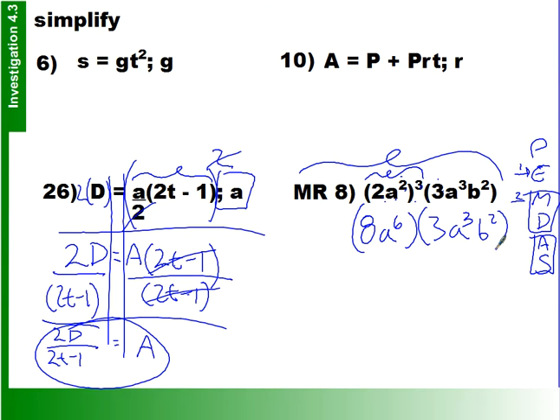And when we multiply monomials, that means the exponents for the bases that are the same will be added. So we have 3 times 8, which is 24. A to the 6th times a to the third is going to be a to the 9th because we are adding the exponents. And I don't have any b's here, so I'm just left with b squared. And there's my answer. So quick little review mixed into that one.